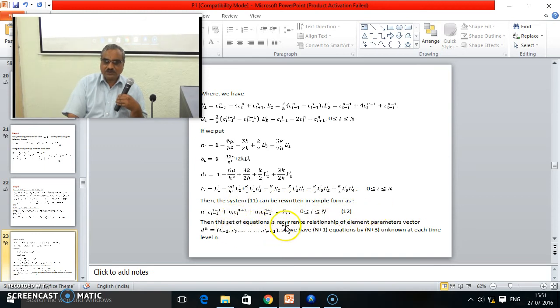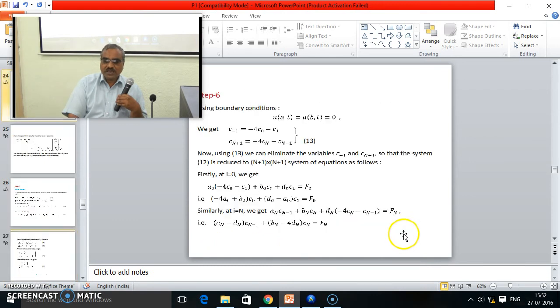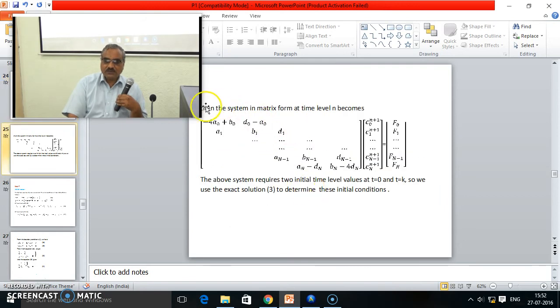Then this set of equations is the recurrence relationship of the element parameter vector d^n, so that n plus 1 equations by n plus 3 unknowns at each time level n. Now using boundary conditions in the same fashion, we get the system in matrix form at time level n in this way.